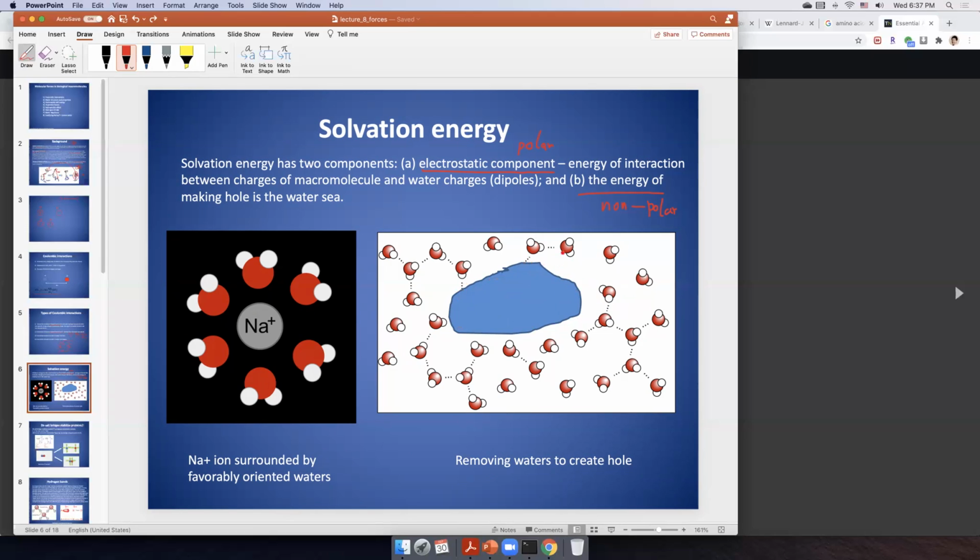Still, you need some energies to make a cavity because you need energy to break a lot of hydrogen bonds in the water hydrogen bond network so that you can create a cavity, so that you can put your protein or other molecules into this space. So this is called the nonpolar part of solvation energy.